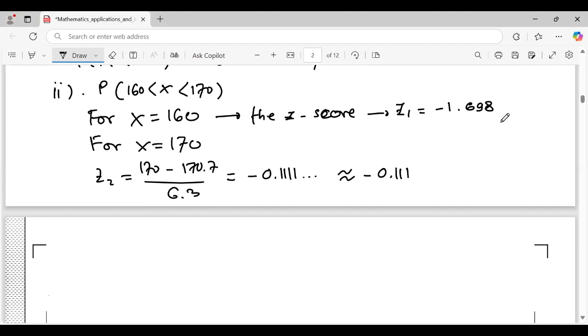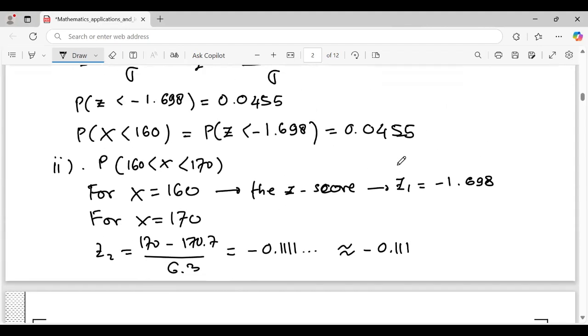So according to our calculation, the probability z less than minus 1.698 is 0.0455.